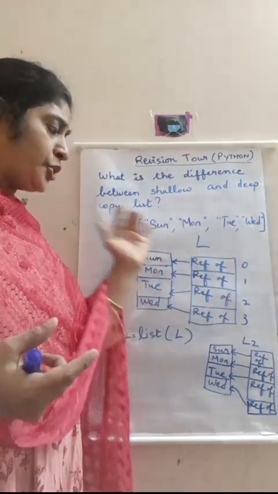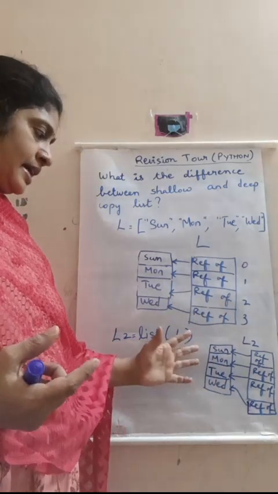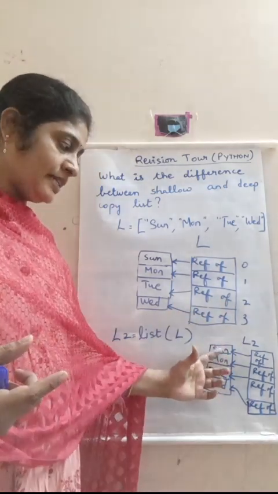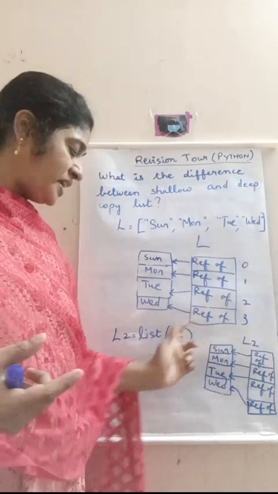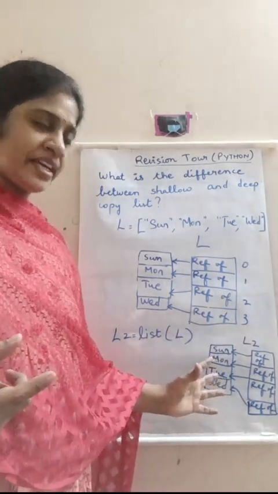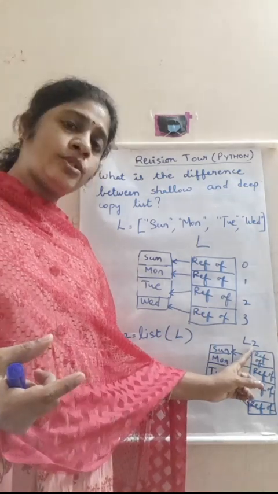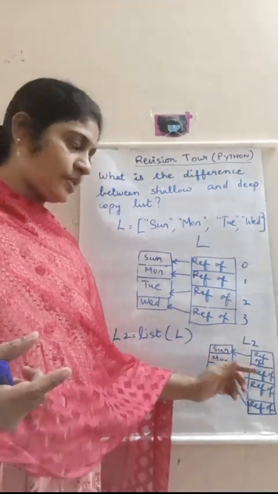What will happen is new memory will be allocated, the values will be stored, and L2 will be pointing to that new memory location. So in L2 the reference of the new location will be stored.